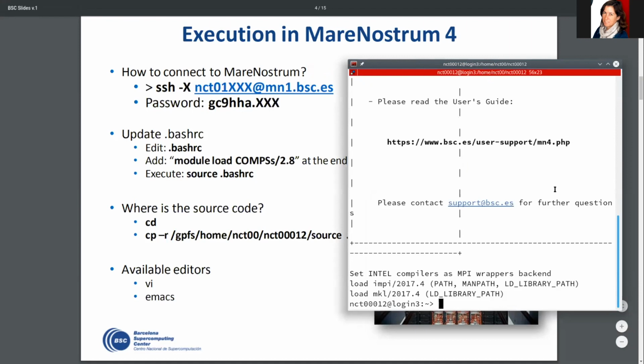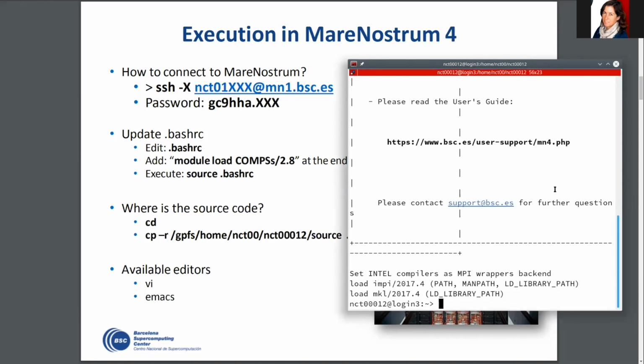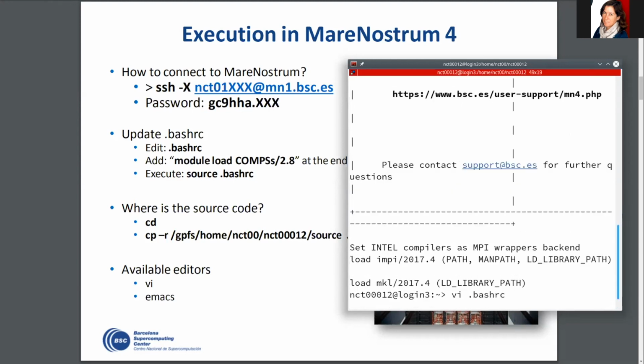Okay. Now that we are inside, the first thing that you should do is to edit bashrc. I don't know if you are familiar with vi or nano. You can use the editor that you like. For instance, I am going to use vi .bashrc. Do you see my screen?